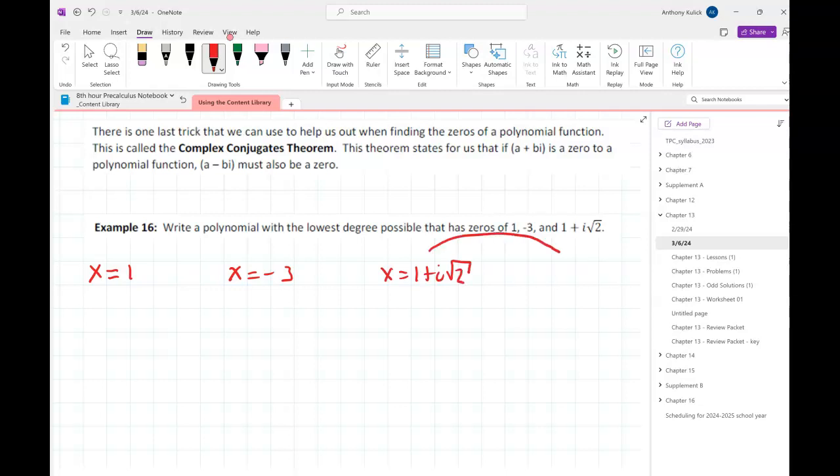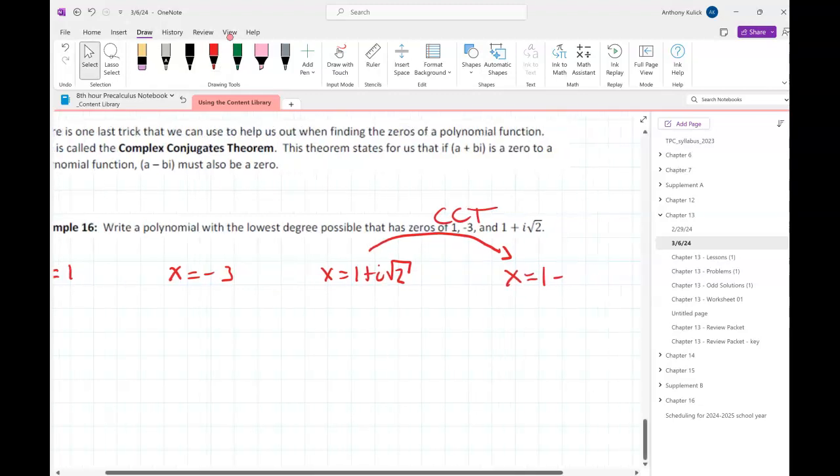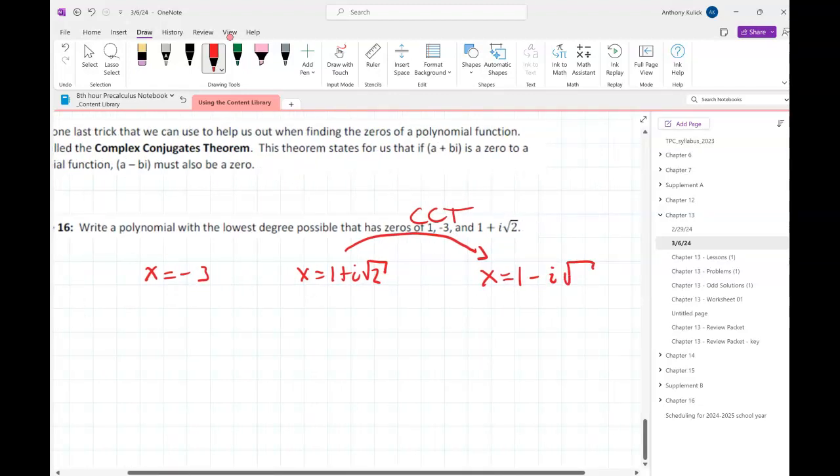Well, right away, from the complex conjugates theorem, if I have 1 plus i root 2, I also have to have 1 minus i root 2. Everybody's okay with that? That we have to have the conjugate pair for it?